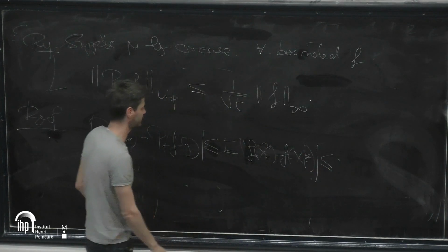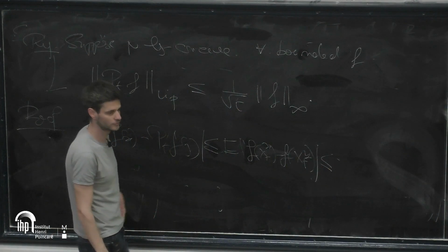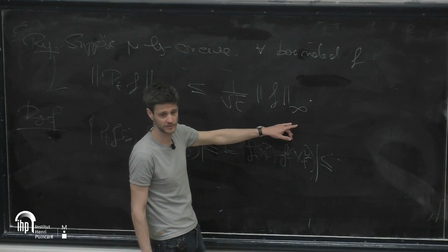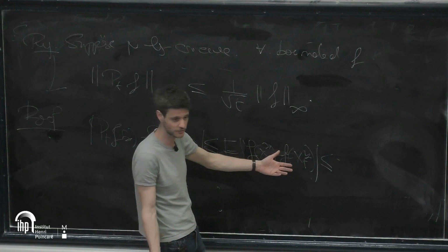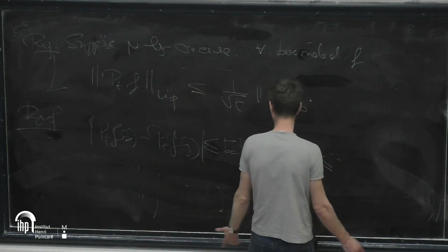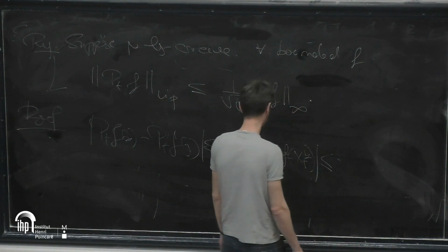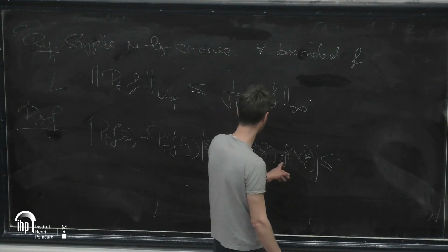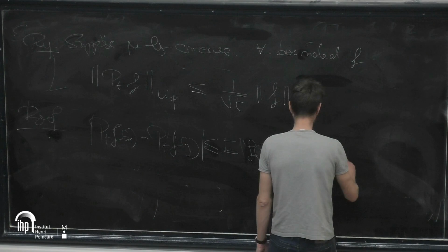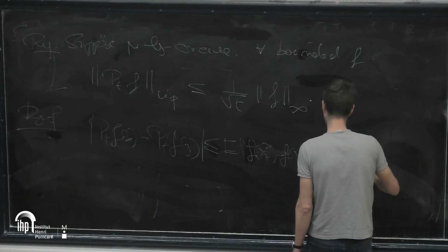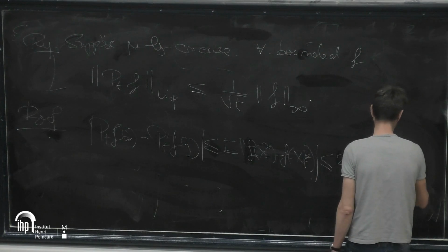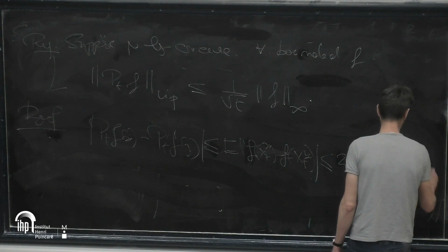Except that the difference here is that I want to upper bound this only by the L infinity norm of f, not the Lipschitz norm. So there's not much I can do. The only thing I can do is say this will be 0 if Xt^x equals Xt^y, and otherwise this will be smaller than, let's say, 2 the L infinity norm of f times the probability that Xt^x is different from Xt^y.